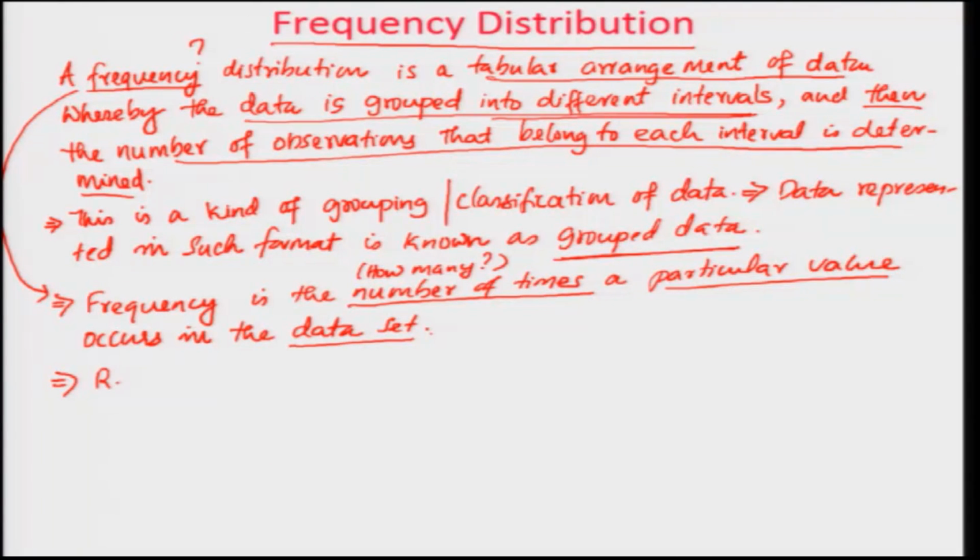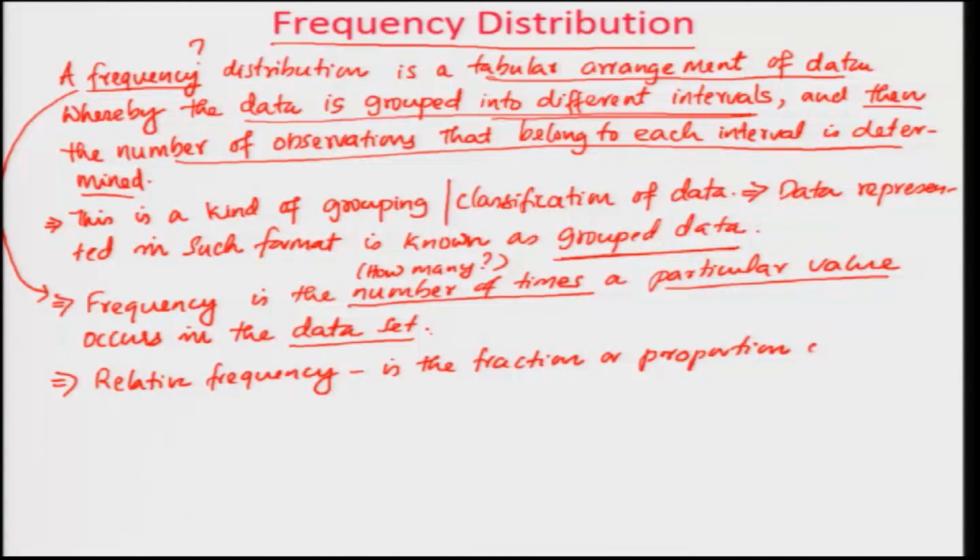Then another term is relative frequency. I discussed this in the previous case, especially in the Pareto diagram, and I did not define it at that point. I told you that we will define it when we reach here. Relative frequency is defined as the fraction or proportion of times the value occurs in the data set.